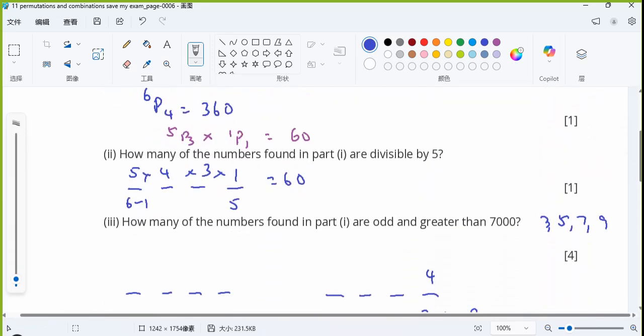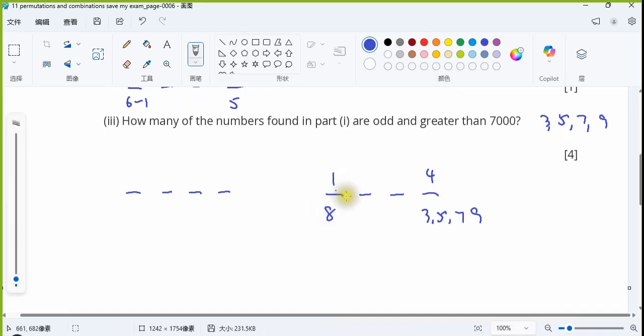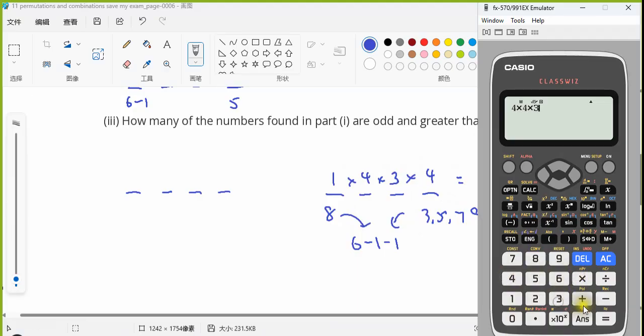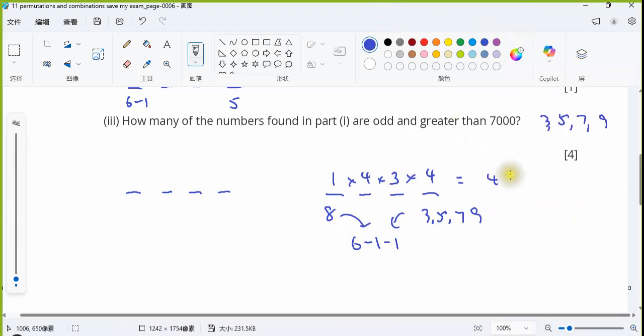Start with 8 here, 1 choice, and then out of 6 minus 1 minus 1, we have 4, 3 here. So this will be 4 times 4 times 3, then it's 48.